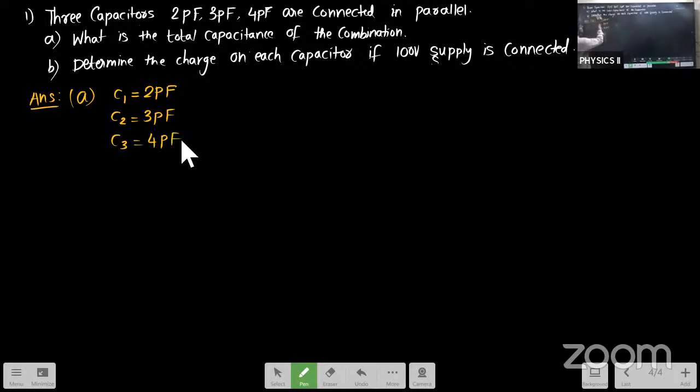What is the first question? Total capacitance of the combination. They are connected in parallel. So I know that C equivalent is equal to C1 plus C2 plus C3.